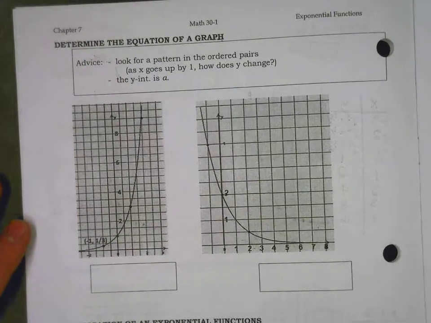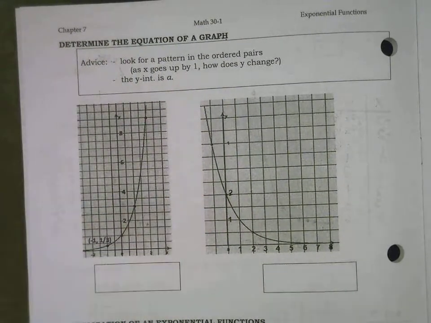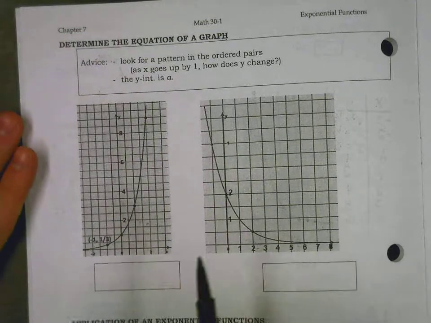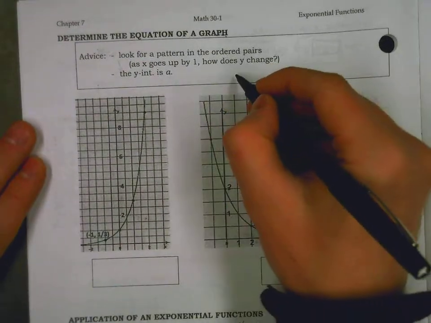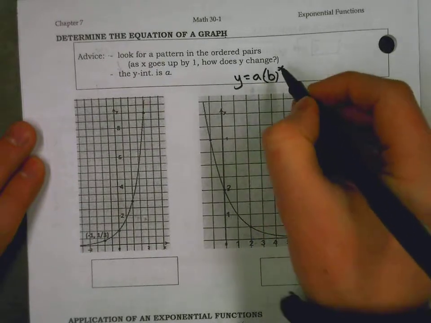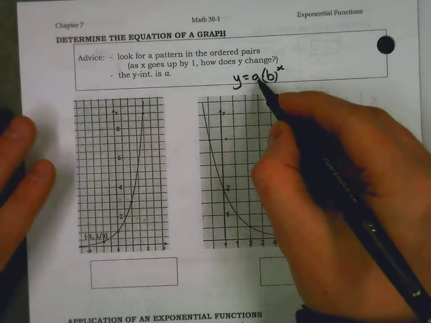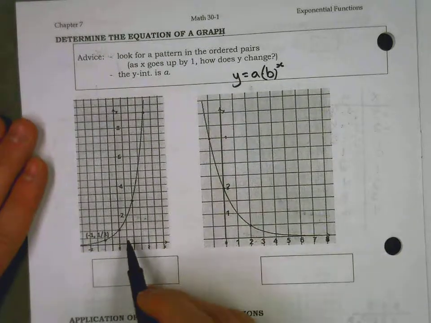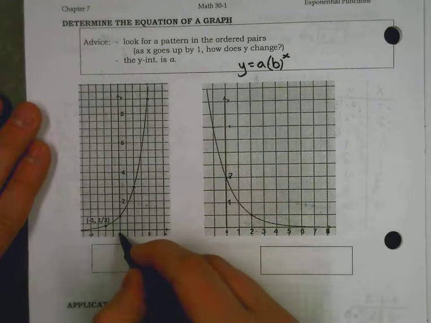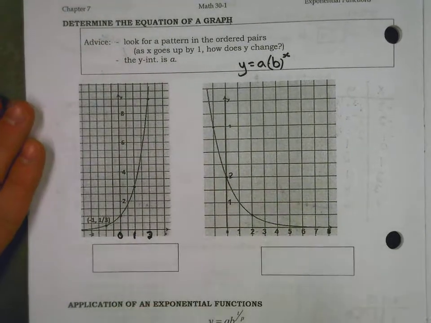Now, if we're trying to go backwards, it is an important thing to understand that when you look at a graph, there's a nice way to pull information out of here. What we're looking for is two things. Remember, our equation is a times b to the power of x. We're looking for a ratio. How does it change? And what is maybe a y-intercept? So I can look at this graph here, which has a bit of a unique scale, horizontally going from 0 to a half to a 1 to a 2. So we're skipping 1 each time.